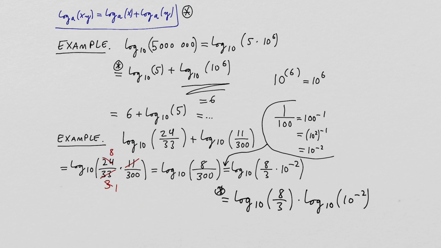By using our formula, we can change this product of numbers, its logarithm into the sum of these logarithms, and the later logarithm here, the logarithm and the 10 would cancel out and we get -2. We could put this number into calculator and get some approximate value.